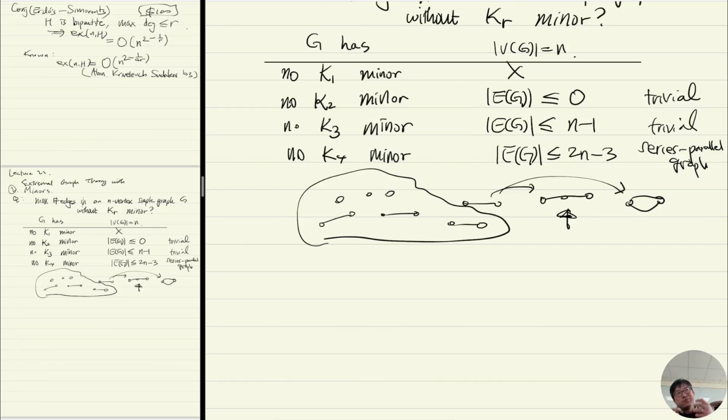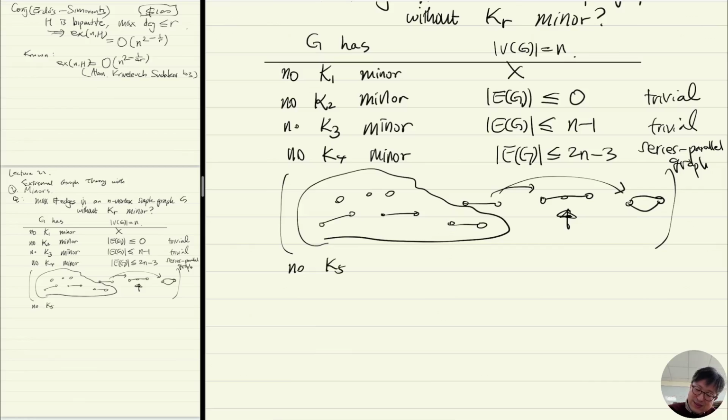Just split it into 2 pieces and get the bound on the left, bound on the right, and then combine them. And once you have a 3-connected graph, then you must have a K4 minor. All right. So I'm not showing you the proof, but this is again easy.